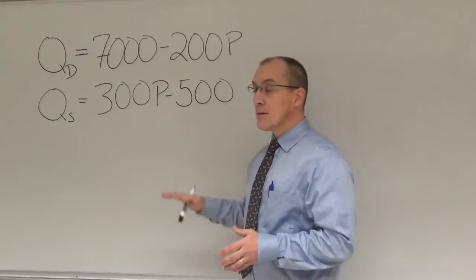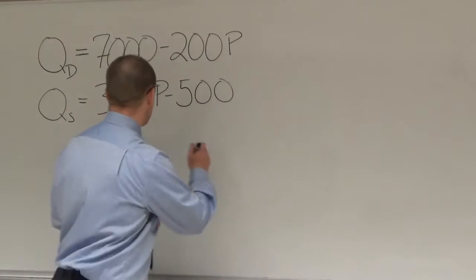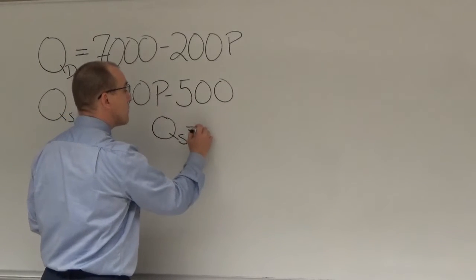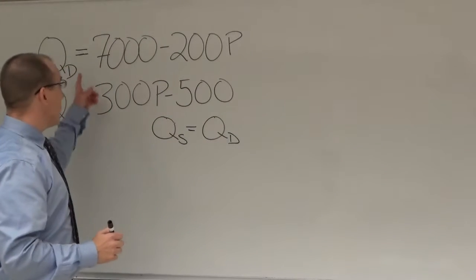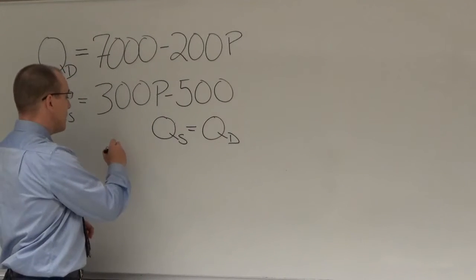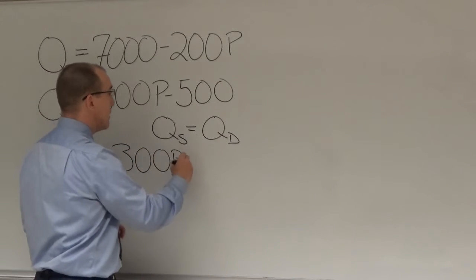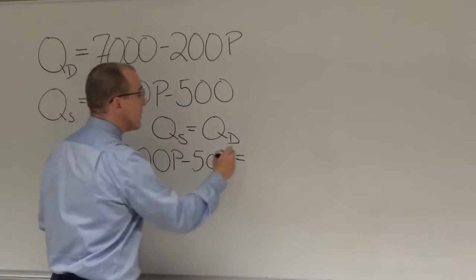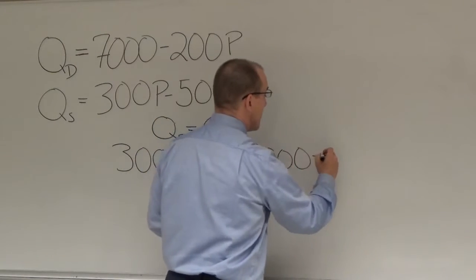And we're going to do this like any other market that we have looked at before, where we start off with our equilibrium situation, quantity supplied equals quantity demanded, and we will look at our equations here. 300p minus 500 equals 7,000 minus 200p.